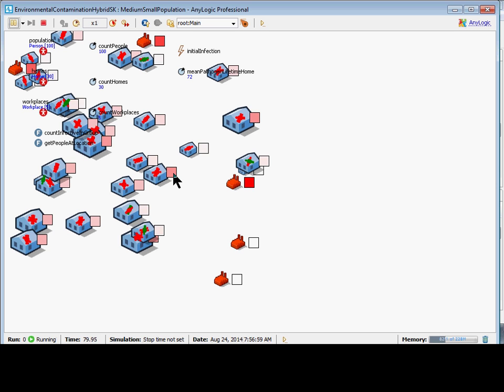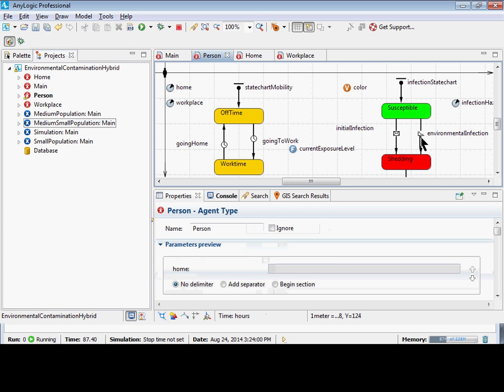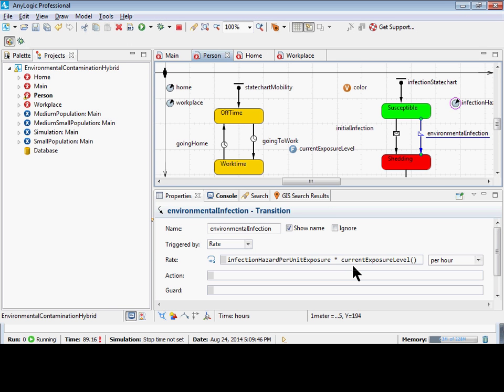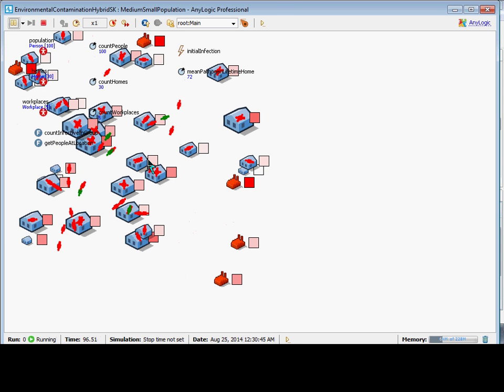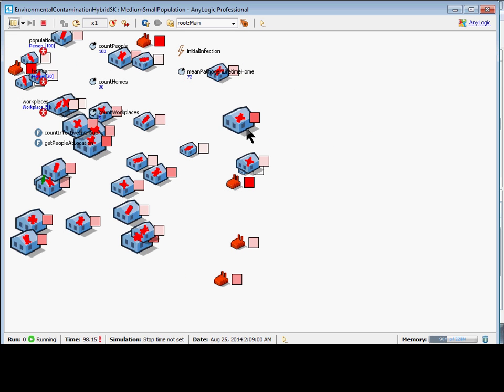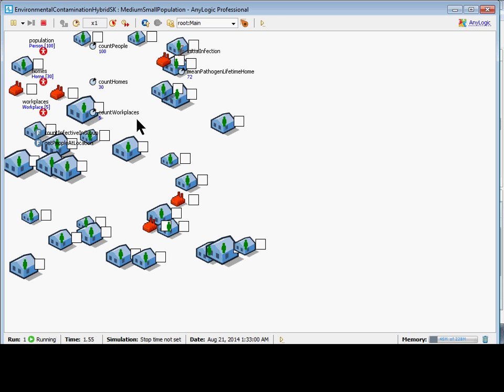And if we go to person, we'll find that the environmental infection route here is based on a current exposure level times some coefficient. So in short, these highly contaminated workplaces serve as kind of a point where pathogen can spread to other people, and then they can bring it home back to their home.